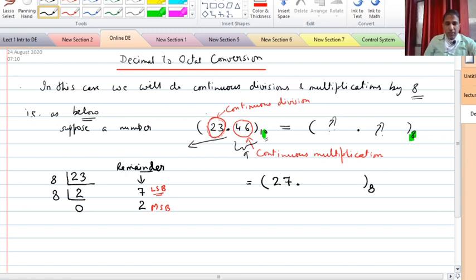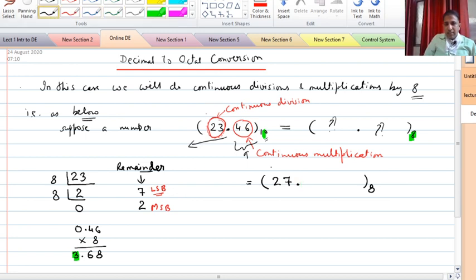Now for the decimal part we have to continuously multiply this fraction and the results with 8. 8 times 6 is 48, 8 times 4 is 32 plus 4, that is 36. So we have to write this 3 at this location.